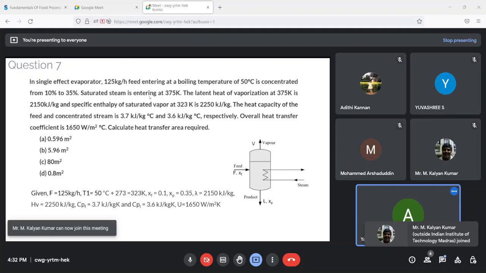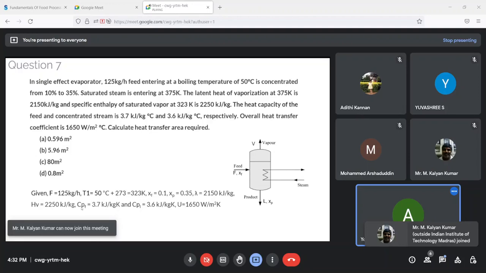And it is given that the enthalpy of the saturated vapor, that is the vapor that is getting evaporated, is 2250 kilojoule per kg. Remember that the enthalpy should be at the boiling point of the evaporator. We calculated the boiling point as 323 Kelvin. So the enthalpy of the vapor that you should be considering is also at T1, which is 323 Kelvin, and it is given as 2250 kilojoule per kg.